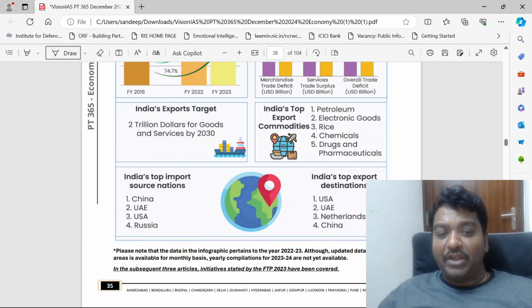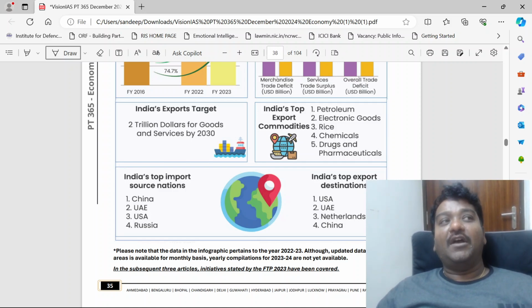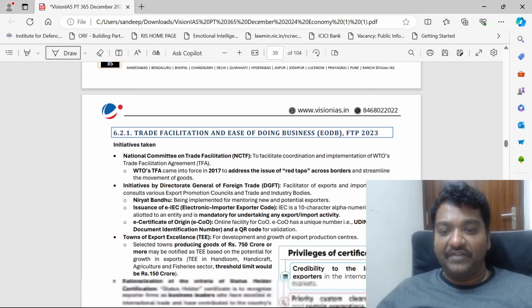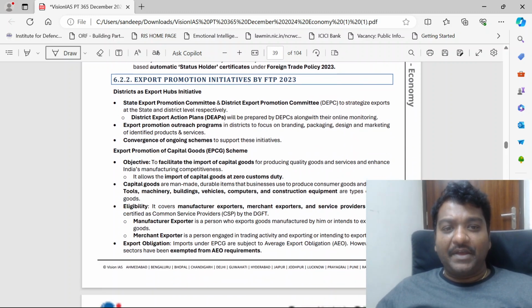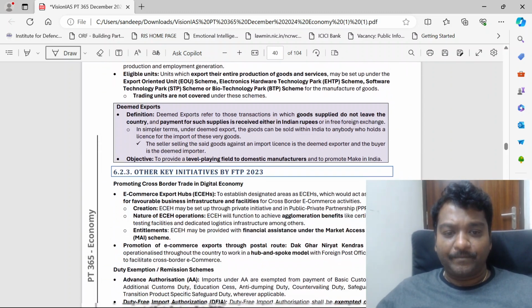India's top import, China, UAE. Okay, guys, UAE in the sense it's not from that particular point of view. Basically, trade exchange will happen through UAE. That's the reason we gave UAE there. Okay, this is not required, guys. Export promotion initiatives by FTP not required.